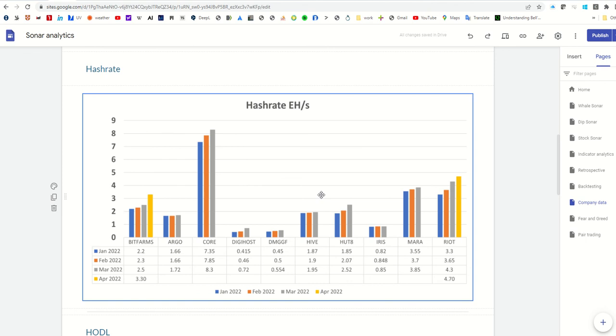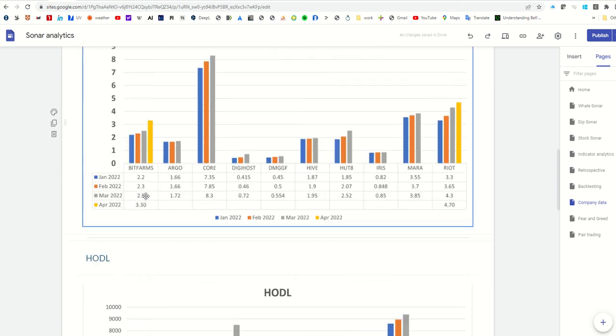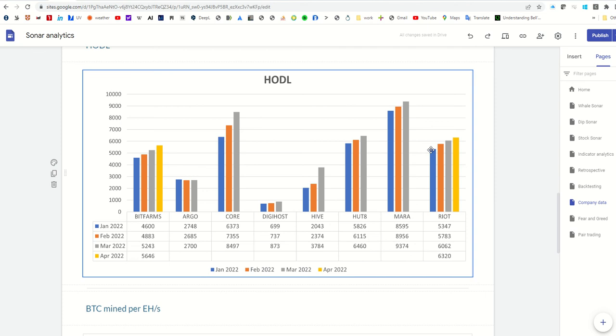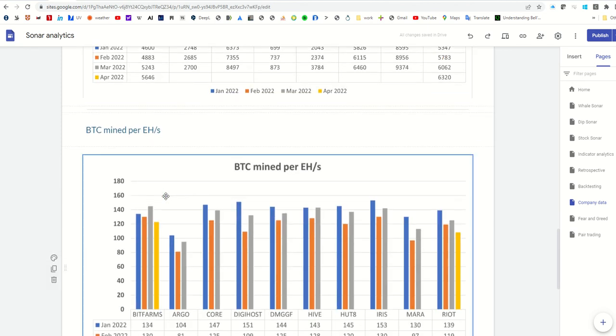The exahash, the hash rate, has also increased quite substantially on Bitfarms, so we can see a very accelerated growth here. That's great. For Riot, it's also great, but it follows a linear trajectory here. Bitfarms is more accelerated. And HODL, they announced the HODL values, and I have put it also here.